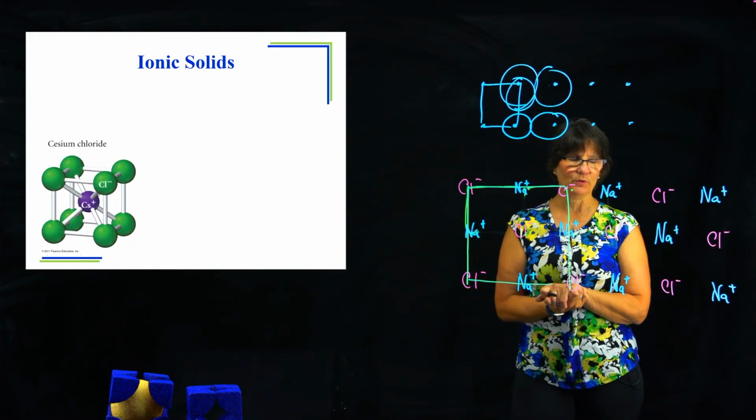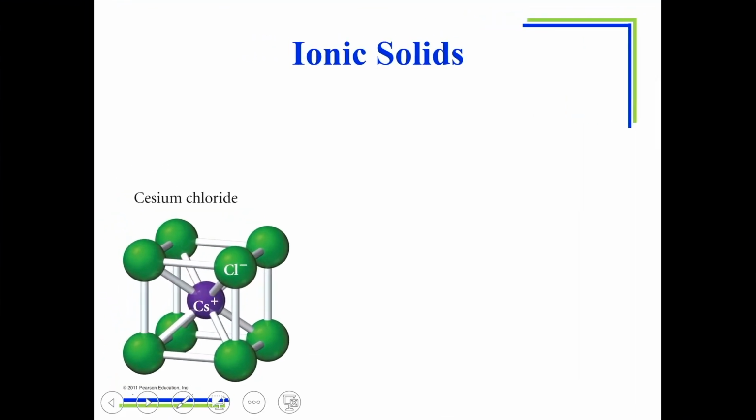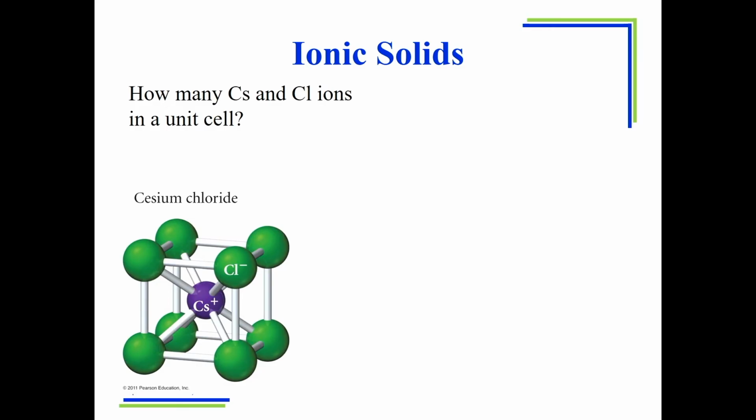So let's see how to do this with the cesium chloride. In the cesium chloride, we have the cesium in the middle of the unit cell. So I ask you, how many cesium atoms are in this unit cell? There is one cesium, okay? So cesium, there's one. It's in the middle.